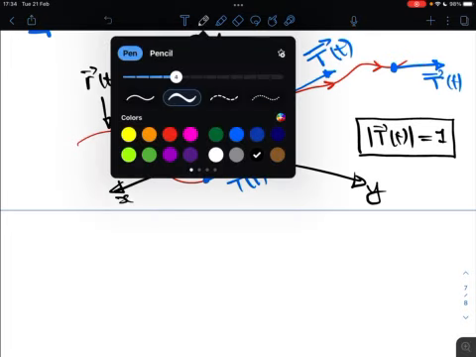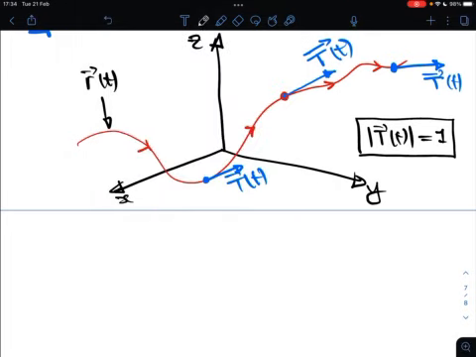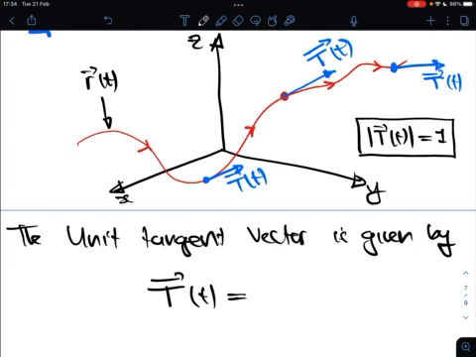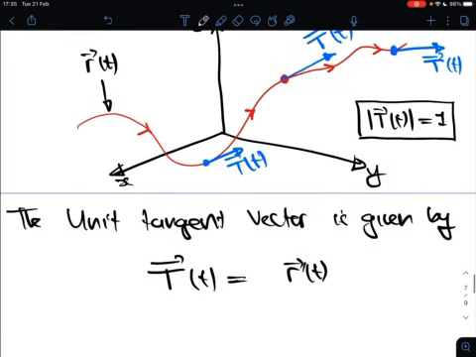The unit tangent vector, which is always in terms of a parameter, is given by finding the derivative of r(t) and then dividing by the absolute value of that same derivative.